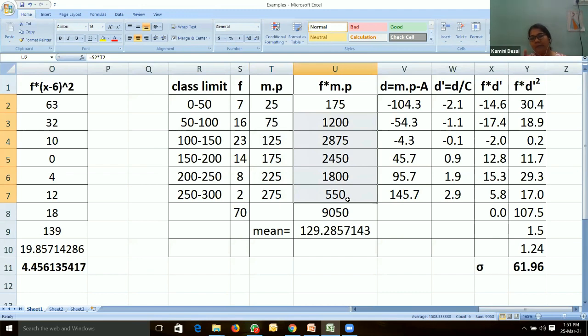So I have generated the next column f into midpoint, and I have taken the sum. So this is mf, meaning frequency into midpoint. So it is 175.